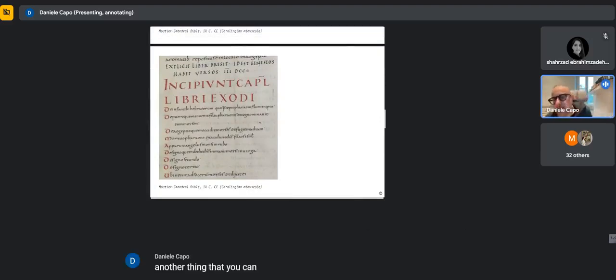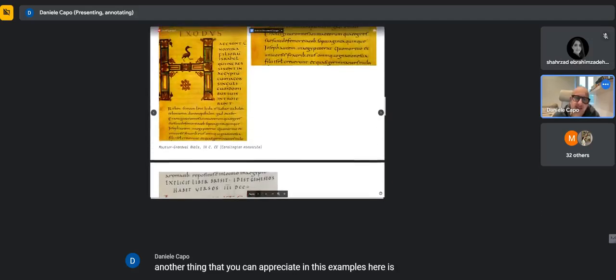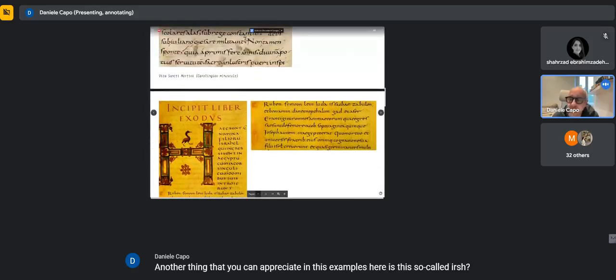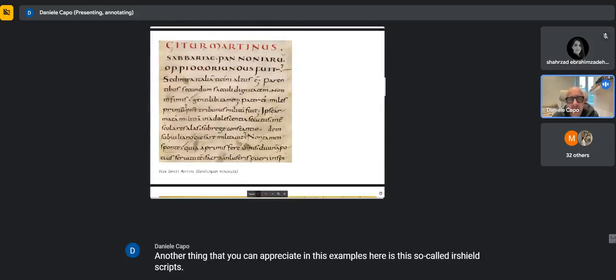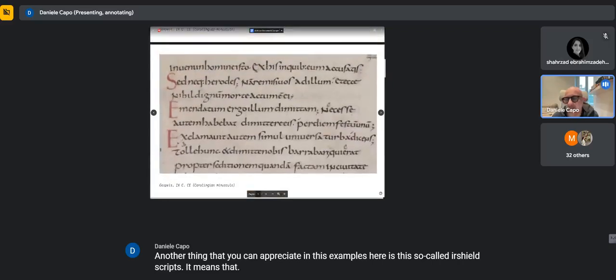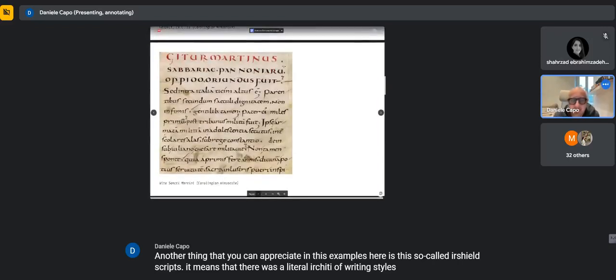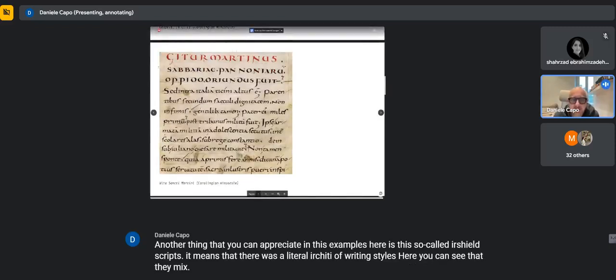Another thing that you can appreciate in these examples here is the so-called hierarchy of scripts. It means that there was a literal hierarchy of writing styles. Here you can see that they mixed writing style here known as Hanchal.